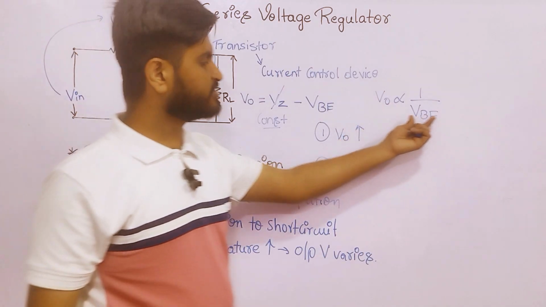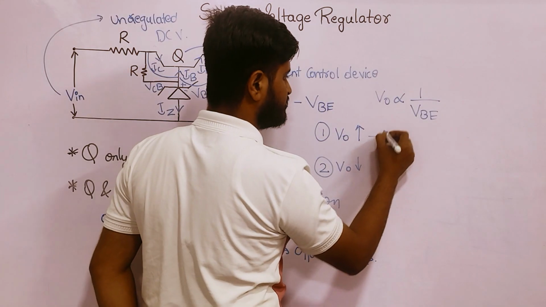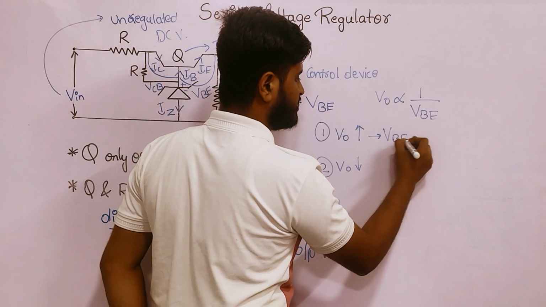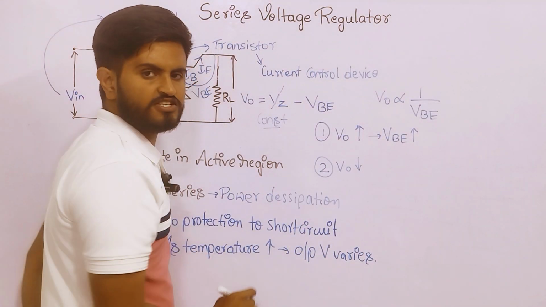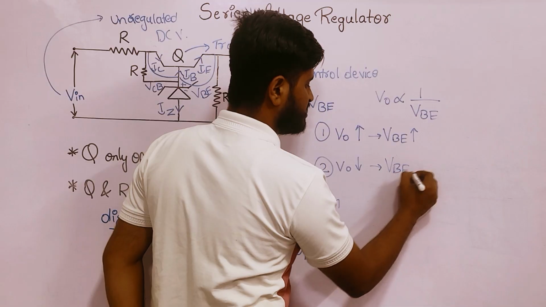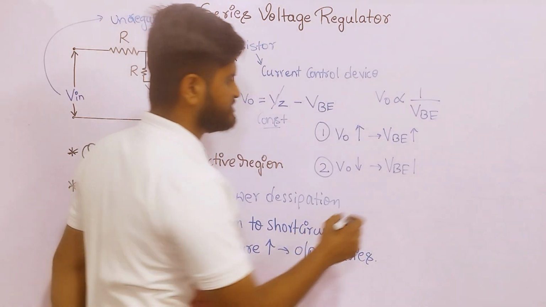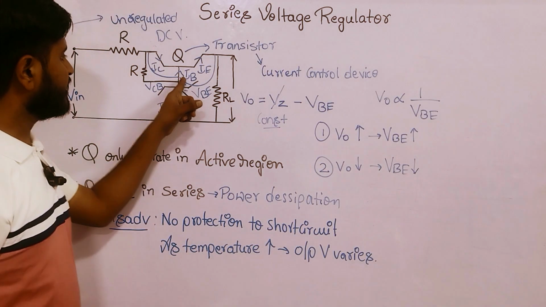When output voltage increases, VBE, the voltage across the base emitter, will also increase. When the output voltage decreases, VBE will also decrease.